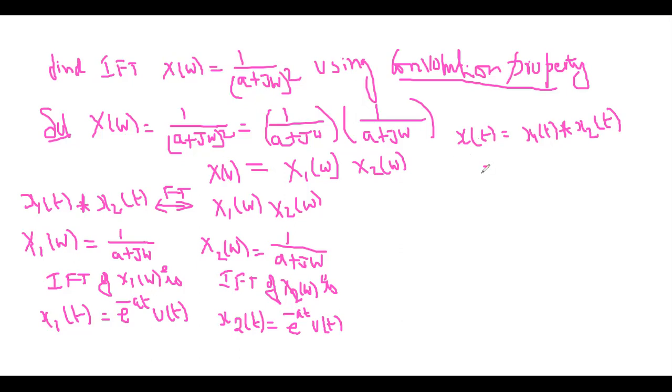What is the formula for x of t? x of t is equal to the integral from minus infinity to infinity of x1 of tau, here it is a tau, x2 of t minus tau d tau.